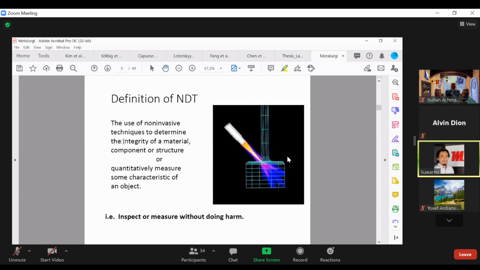It does not change the microstructure, the component, or the structure, or it can also quantitatively measure some characteristic of an object. It's a more broad definition, but in short, we call it inspecting or measuring without doing any harm to the component.